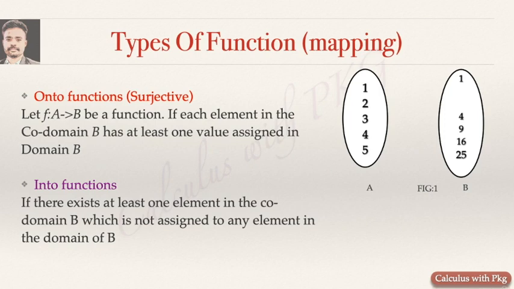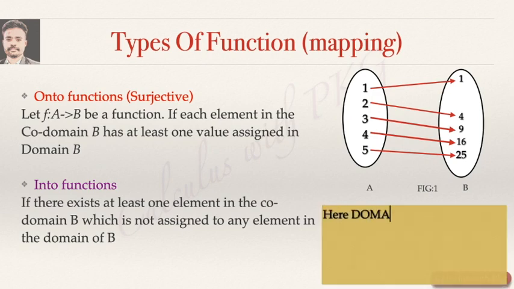So here, can you tell based on what rule I have assigned these numbers from A to B? Here the rule is square. You can see all the elements in B are the squares of the elements present in A.